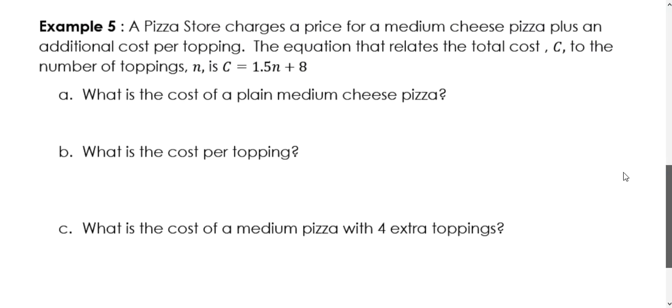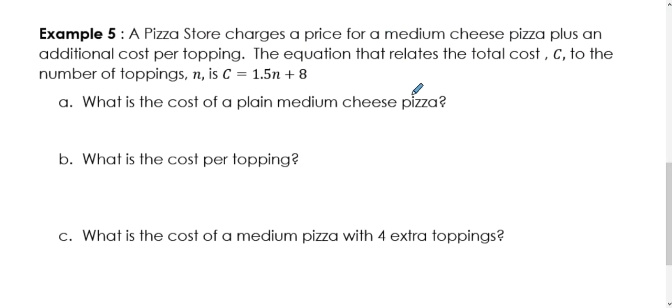So a pizza store charges a price for a medium pizza plus an additional cost per topping. So here we're adding on, add cost per topping. So what I want you to do is try to do A and B by yourself, write it down and then come back and check your answer and see if it makes sense.